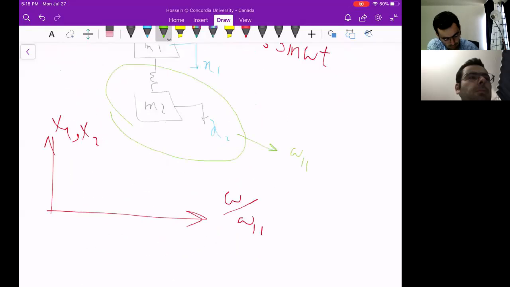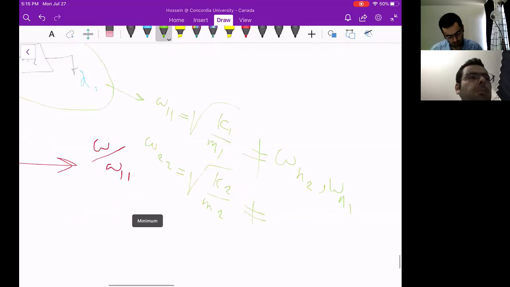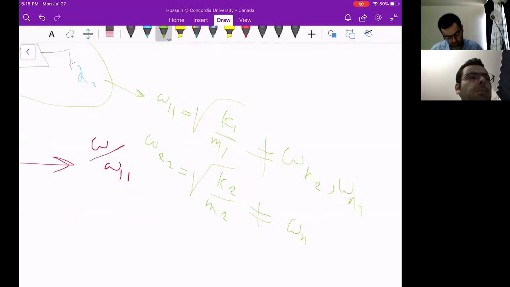Omega 1 is K1 over M1, which is different from the natural frequency of the system. And omega 1,2 is also K2 over M2, which is also different from the natural frequency of the two systems. These are not the same.